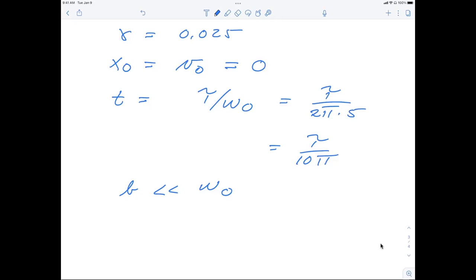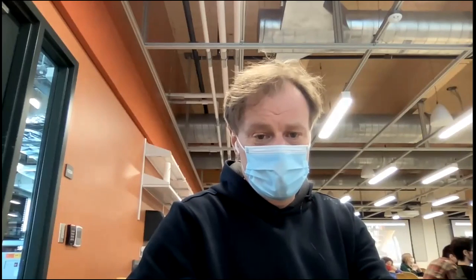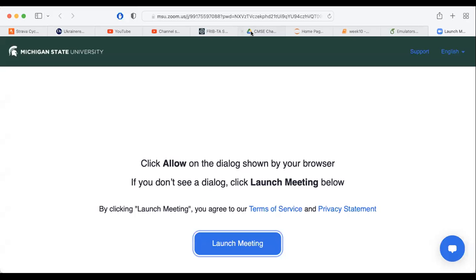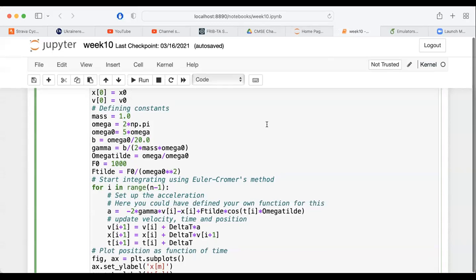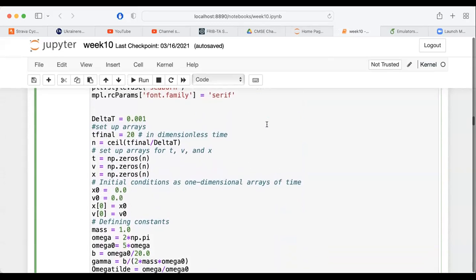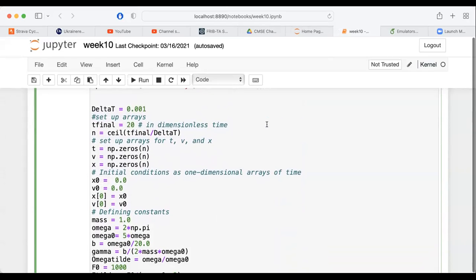Okay, so let's take a look at the calculations now. So let's go back and look at the Jupyter notebook. And let me just bring that up. So let's take a look. This is essentially the same type of code which you have seen now tons of times. And it's pretty close to the one which you did in homework in the midterm.